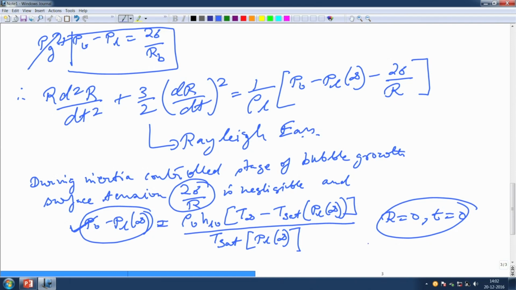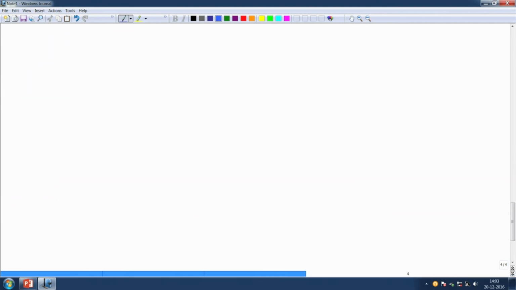Now we substitute this expression in this particular system, and we neglect the surface tension term. When you substitute that, it becomes R d square R by dt square plus 3 by 2 (dR by dt) squared, with the remaining terms the same.